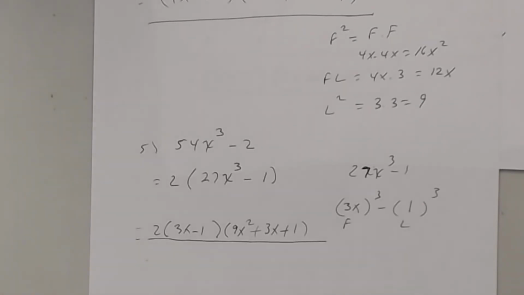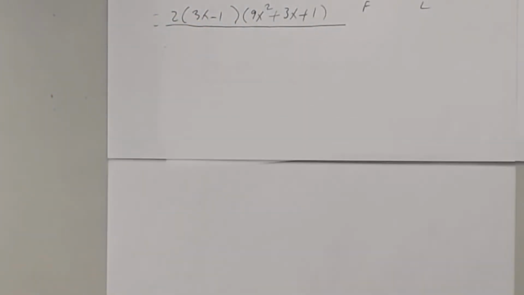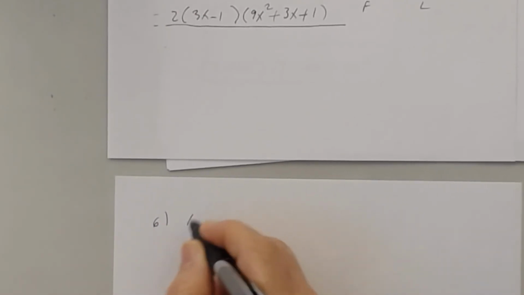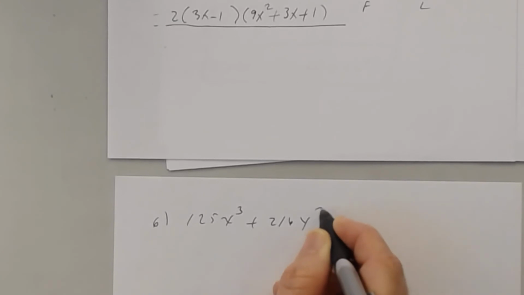All right, let's do one more, and then we'll see what we can do. Let's do a sum of two cubes. Number 6. Let's look at 125x cubed plus 216y cubed.